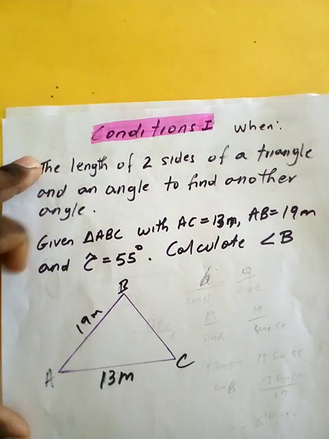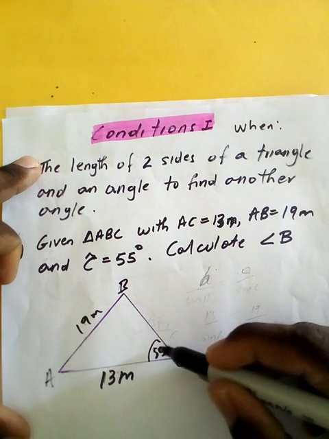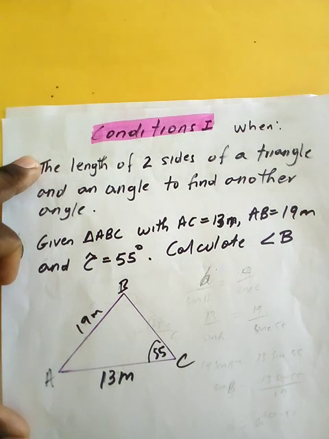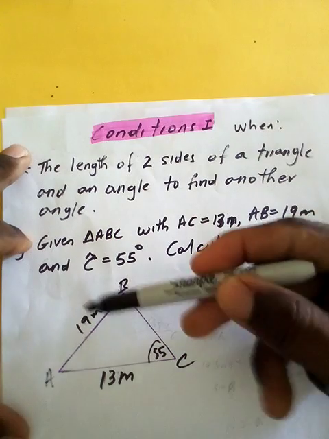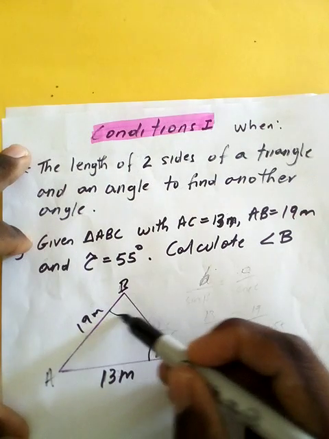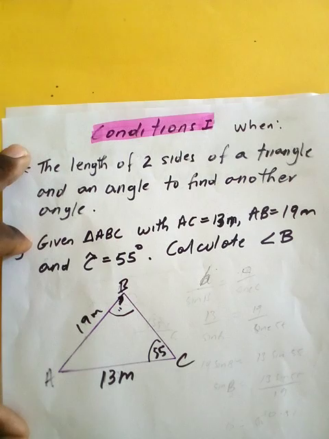And the angle at C is 55 degrees. This is condition 1 because we are given two sides and an angle to find another angle. They're asking us to find angle B. So we're given two sides to find an angle.